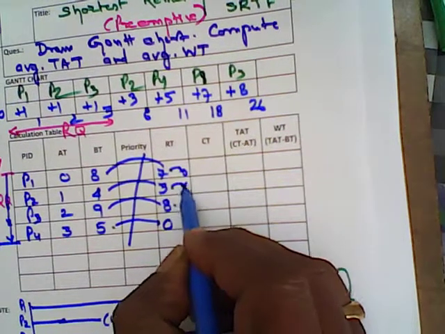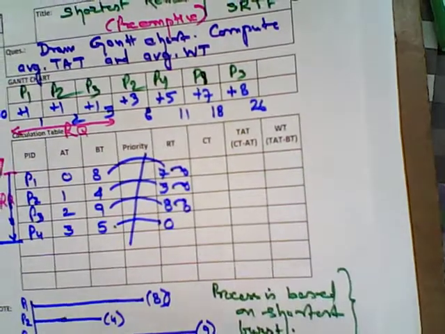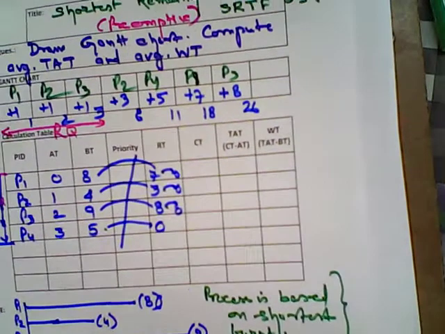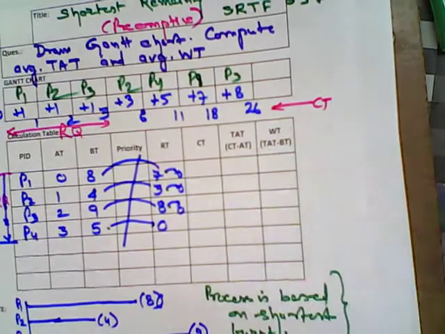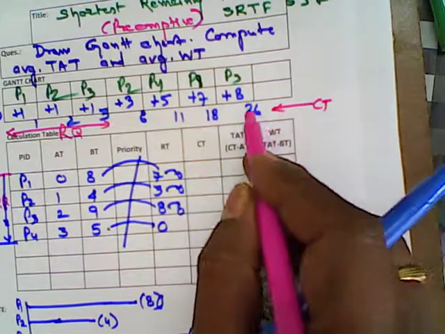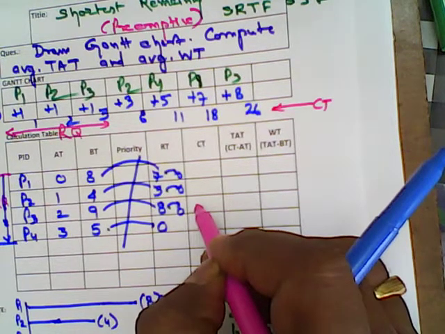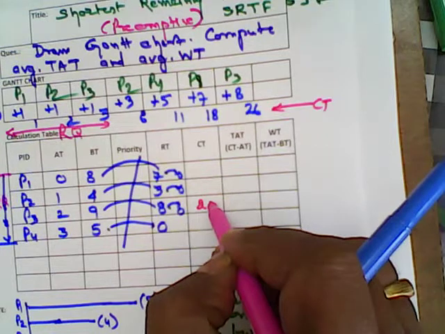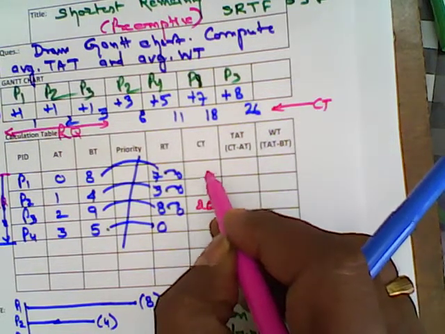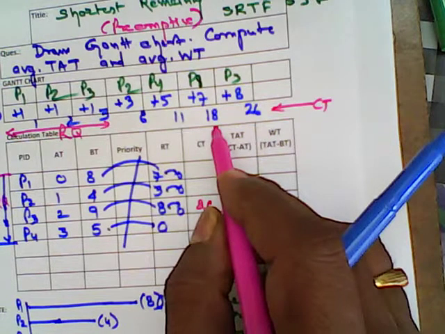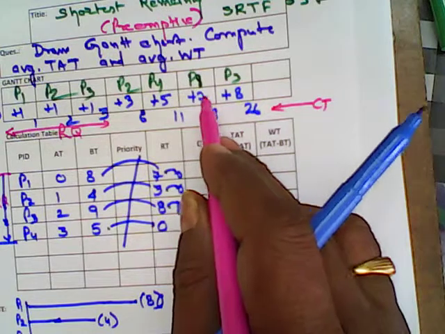Now let us see the completion times. If you see from here the CT, which process completes at the last? P3. So P3 completes at the time interval of 26. Now the next process which is going to complete just before P3 is P1. P1 is 18, and before that P4 is 11.